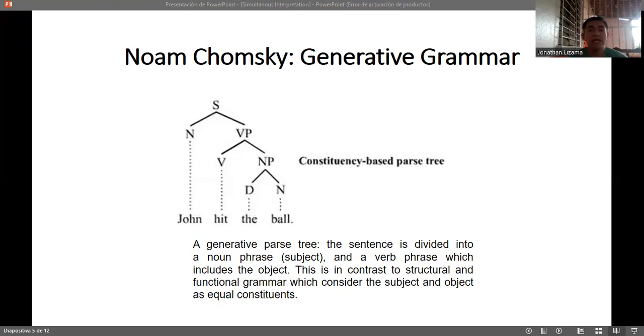So, in simple words, a simple kid in any part of the world is able to interpret language without going to the university, without going to the school. It's just a simple kid right in your house.